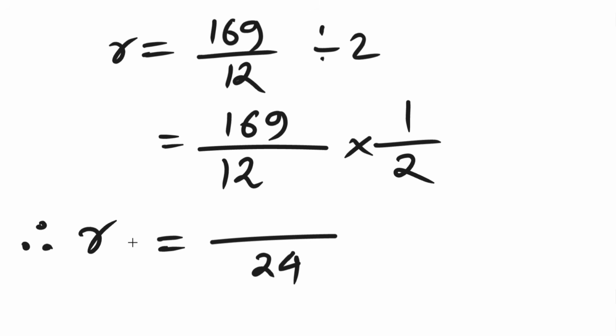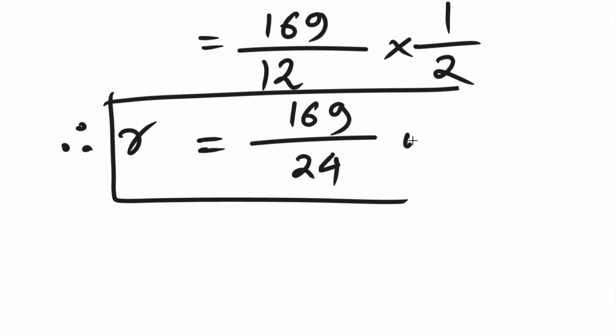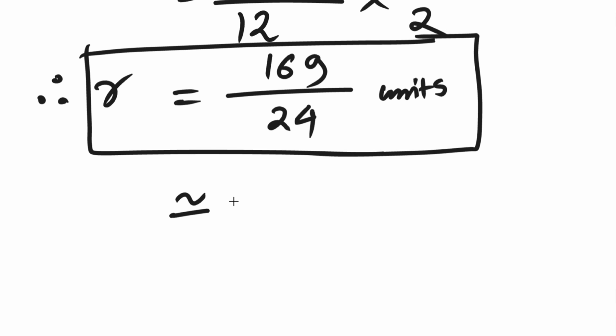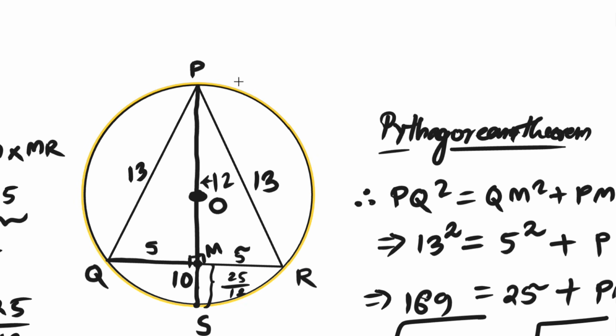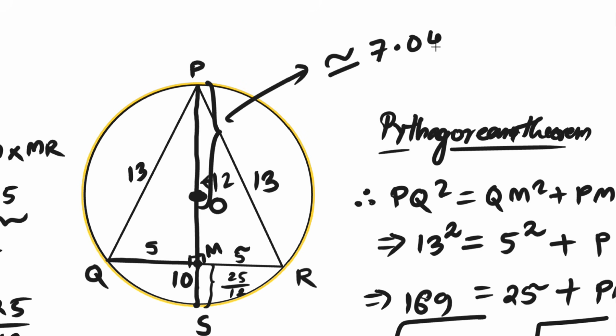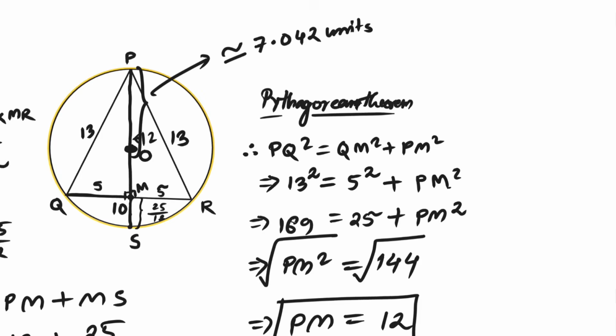Therefore, the radius equals 169 over 24 units. If we convert that fraction into a decimal, we get approximately 7.042 units. So our final answer is that the radius of the circle is 169 over 24 units, or approximately 7.042 units. Notice how elegantly everything came together.